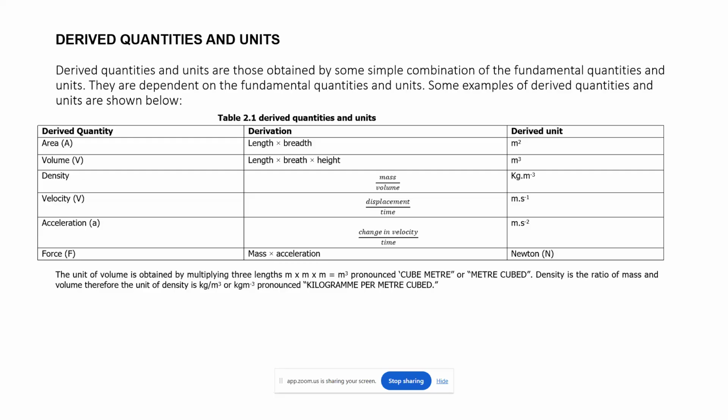We have m cube. But since we have division in between the formula, we say kg per meter cube, kg m to the minus 3. You can see the minus 3. That minus stands for division. If it was mass times volume, we have kg meter cube. But since we have mass over volume, it's going to be kg meter minus 3. So that's why we have negation in that particular number.